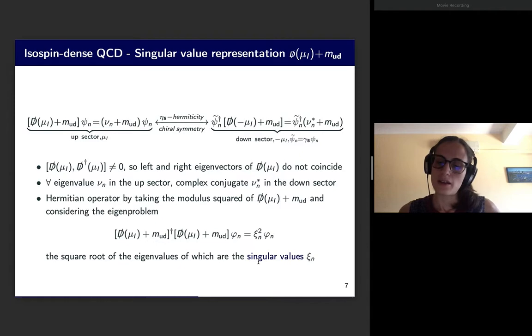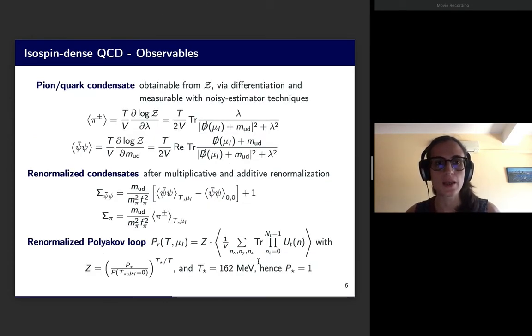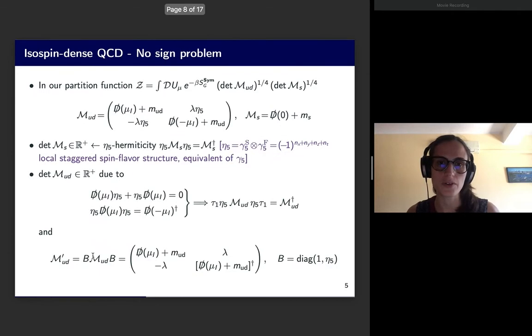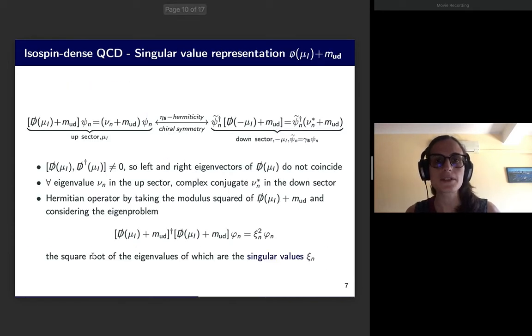Okay, and there is one more subject that we need to touch on because we want to really construct this piece of the analogy that I mentioned before, that one can build a Banks-Kasher relation for this setup. So how is that done?